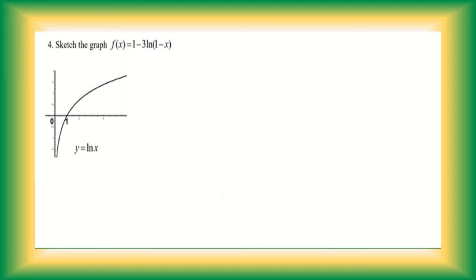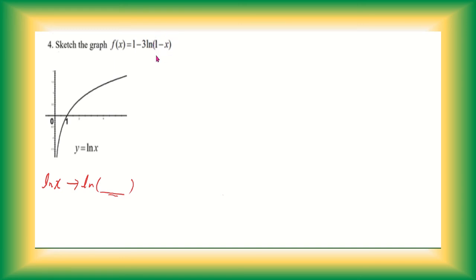Next, we need to carry out x transformation. Now from the parent graph ln x, if we replace the x with brackets, all the terms inside the brackets can be considered as x transformation. So in this question, the x transformation is 1 minus x.